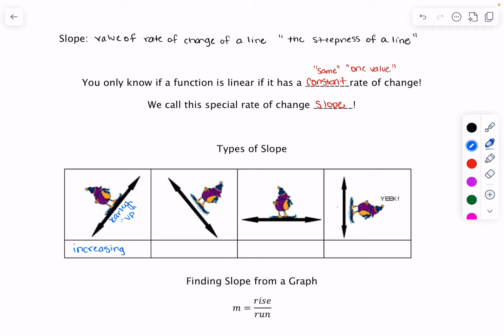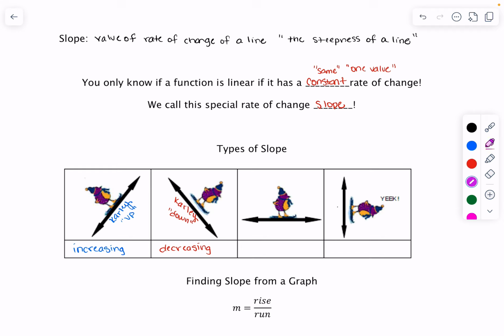For the second line, that penguin is going now down the slope, right? If that's a ski slope, he's going down, so this is decreasing. And if I write my name here again, along the bottom of the line, notice that my name reads downwards. Okay, my name is going down from left to right, like reading a book, so that's decreasing slope.